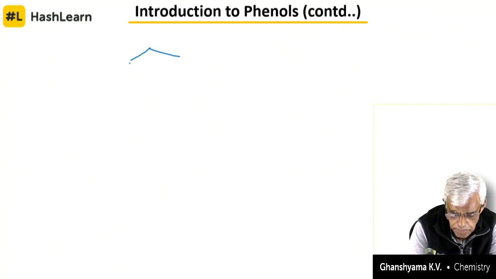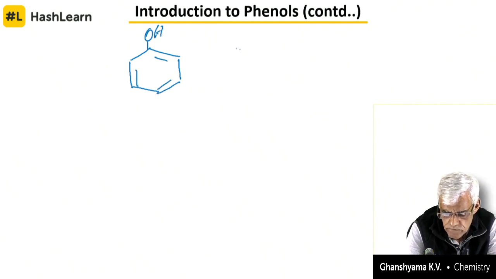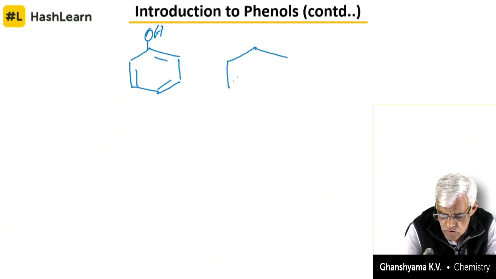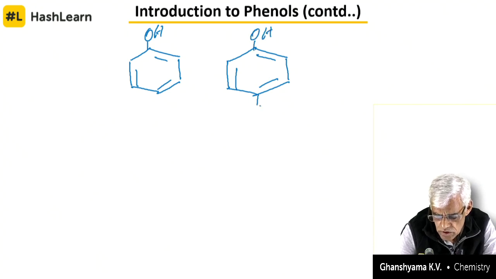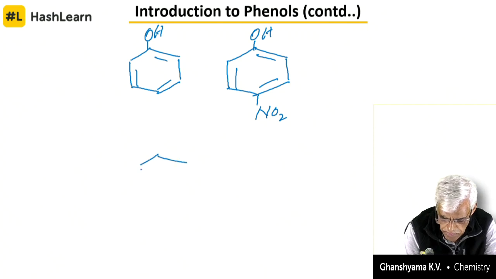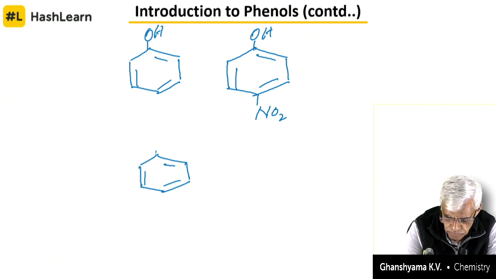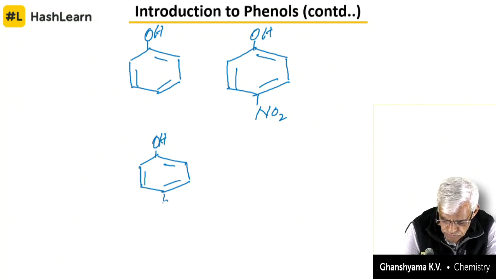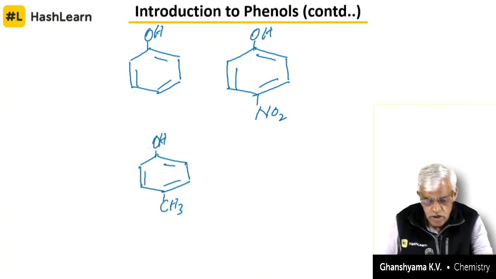So, I will write, this is phenol, this one is para-nitrophenol, and this one is para-cresol.